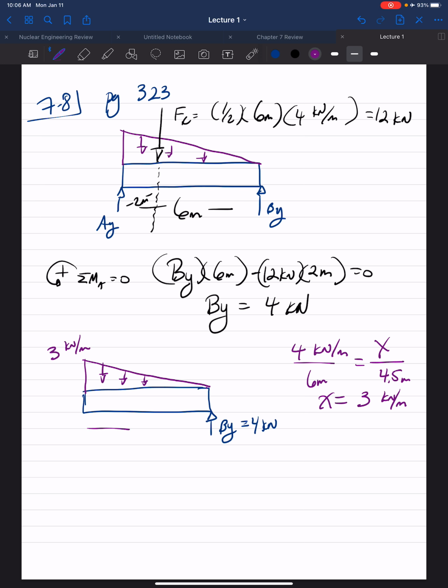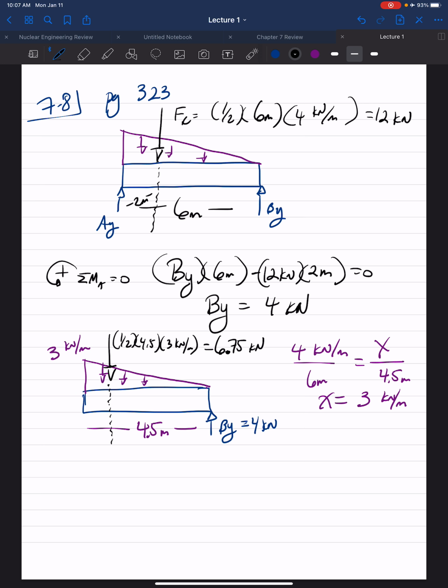This base length is 4.5 meters. The equivalent resultant force from this loading is 1/2 the base times the height, which is 6.75 kilonewtons.